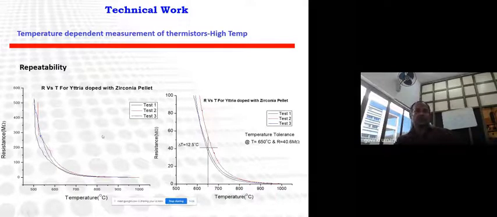So we checked the repeatability of this, and we observed that it shows a repeatability of delta T of plus minus 12.5 degrees Celsius, and at a temperature of 650 degrees Celsius we got an R value of 40 mega ohm.